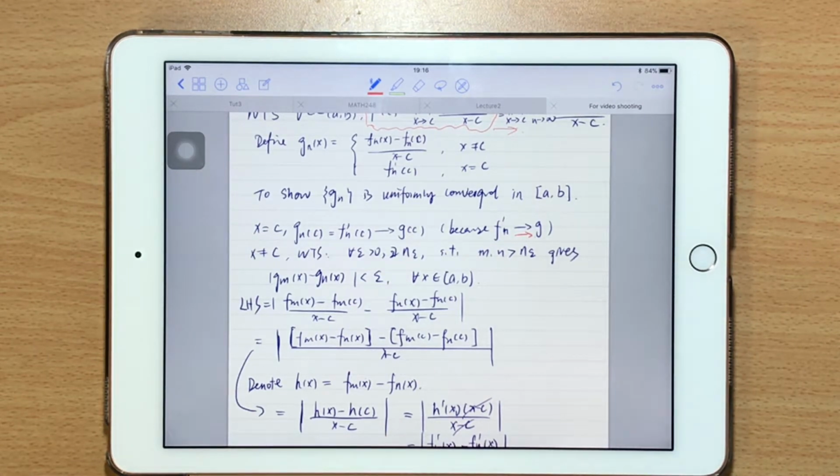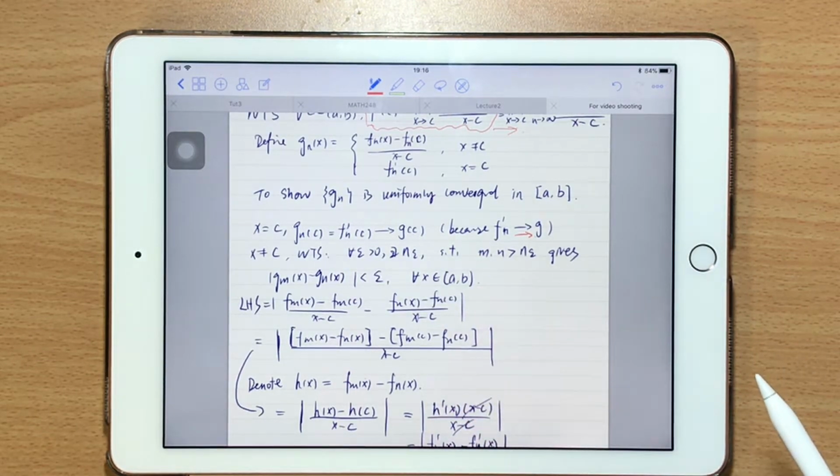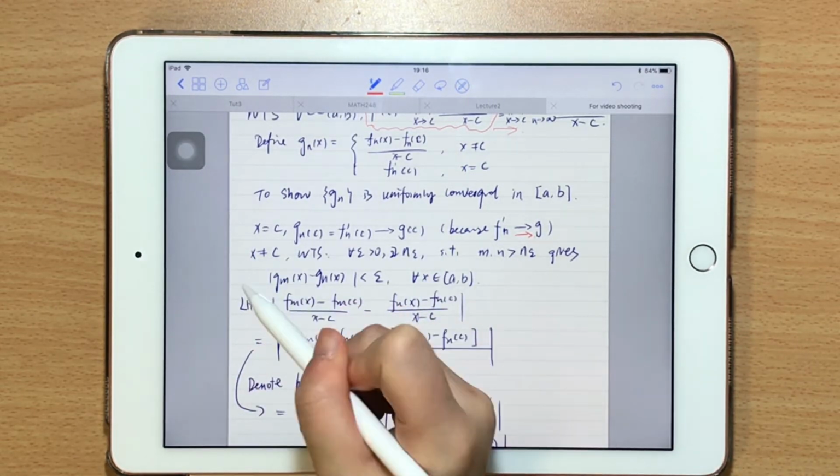Okay, and for x different from c, we want to show that the absolute value of g_m(x) minus g_n(x) will be smaller than epsilon, and this is where we use the Cauchy Criterion, right?